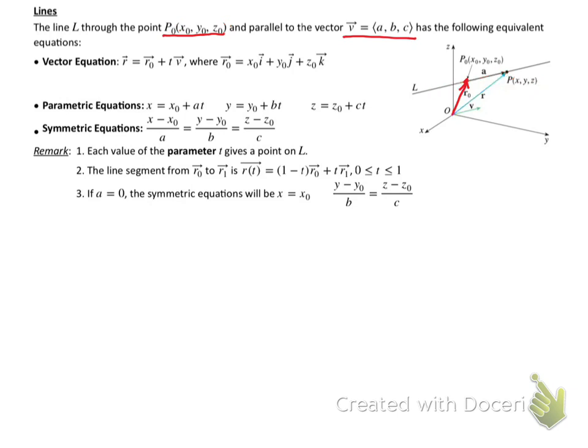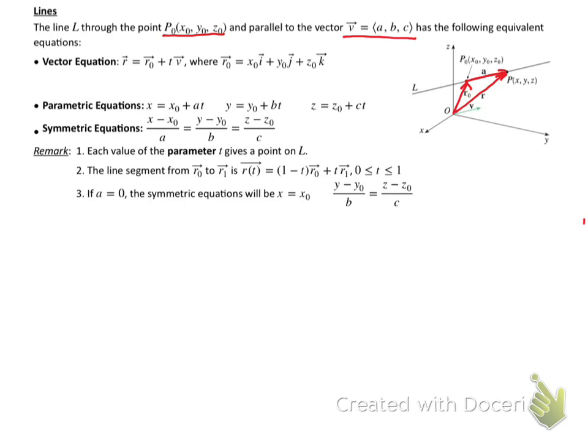So your vector R equals the vector R0 plus some rescaling times V. That's our vector equation. Here R0 is the vector from the origin to the fixed point P0, which has x0, y0, and z0 components.